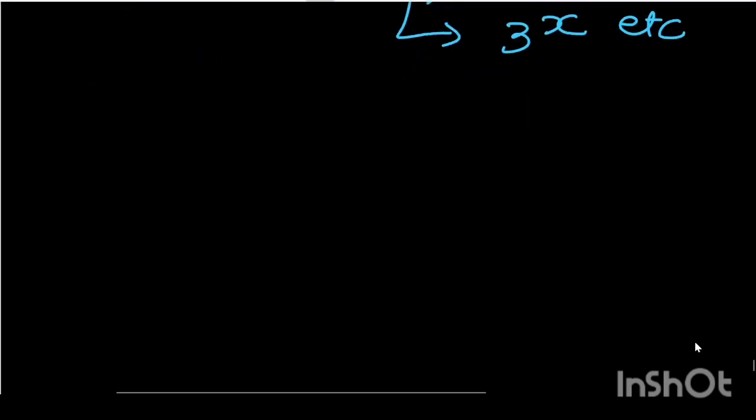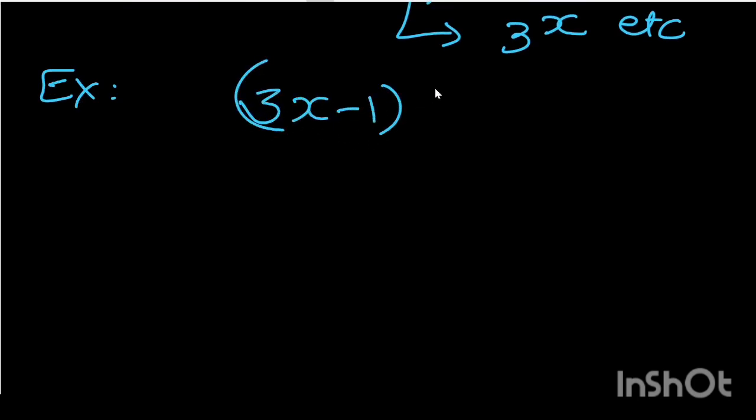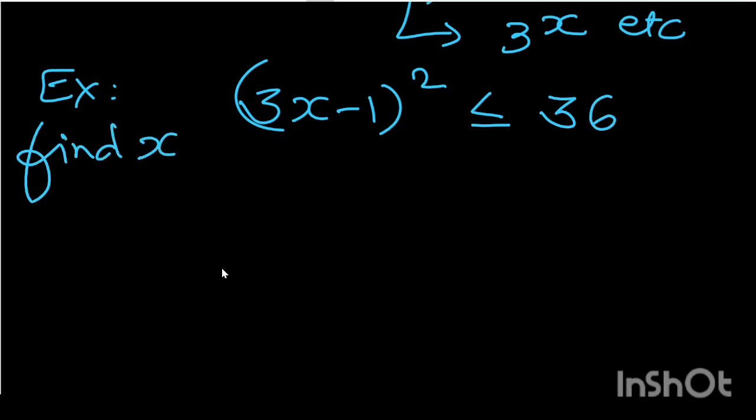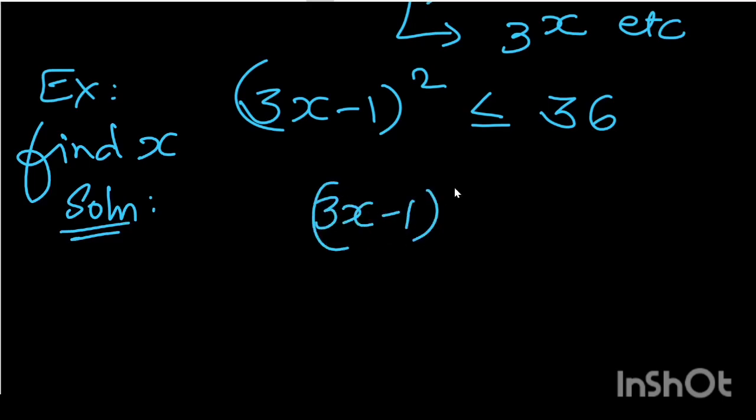So for example, let's take a linear function square, let's say (3x minus 1) whole square less than or equal to 36. Let's solve for x. So guys, try this. What we will do, we will use this formula where (3x minus 1) whole square, here alpha square is 36.